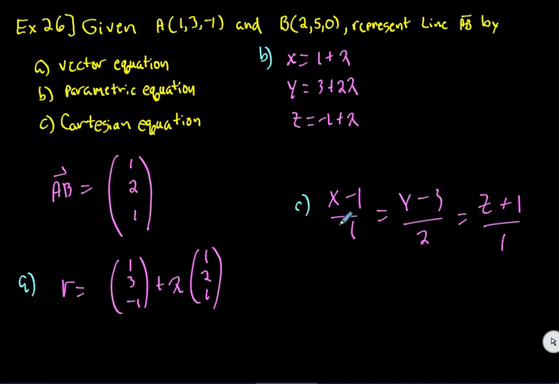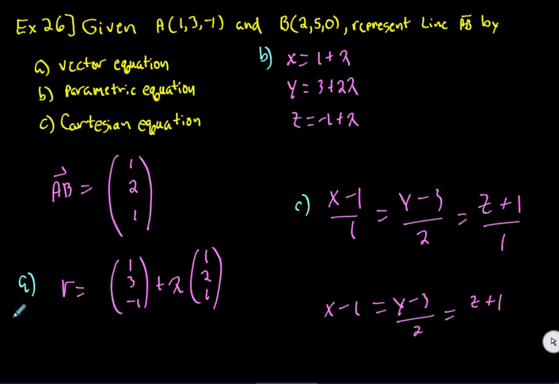I could write it just like this, x minus 1, y minus 3 over 2, and then z plus 1 over 1. I guess I can divide it by 1, so I'll just write it like this. You can write either form you can use.